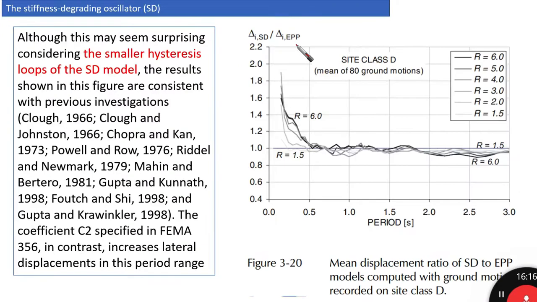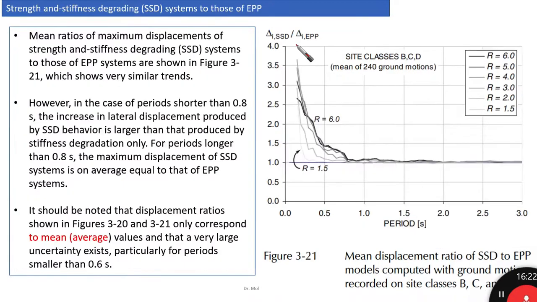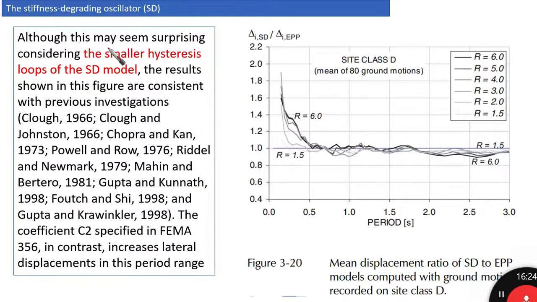Okay, and the second part here. Although this may seem surprising considering the smaller hysteresis loops of the SD model, as I have explained shortly, the results shown in this figure are consistent with previous investigations.